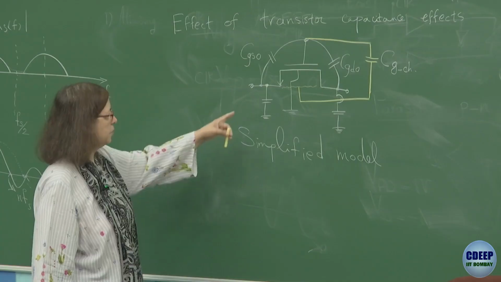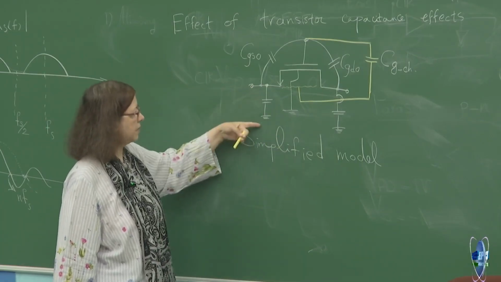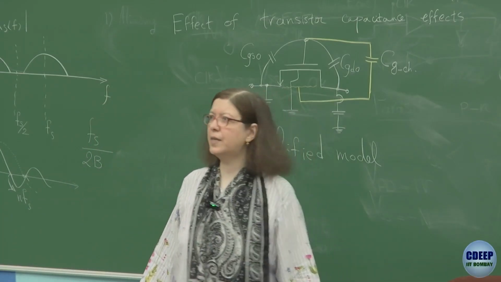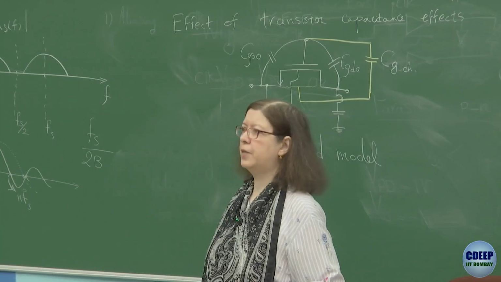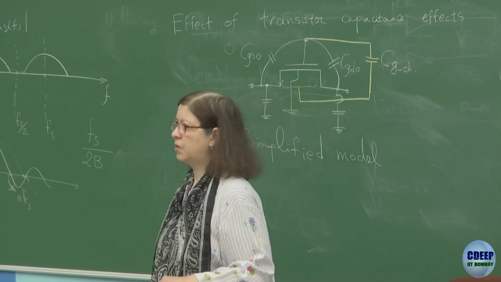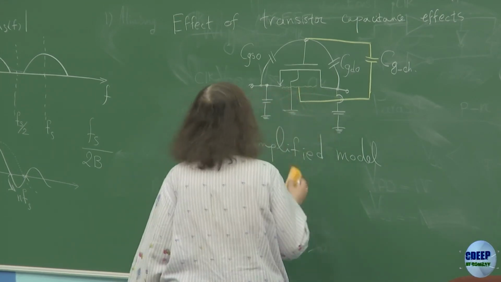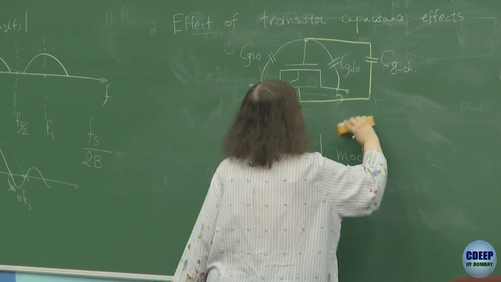The capacitors at the source and drain, between source and drain and ground, can be clubbed with the hold capacitor as well as the output resistance of the source. Therefore, really we are not worried about them, so we don't need to show them. For simplicity, I will remove these capacitors because they can be clubbed.